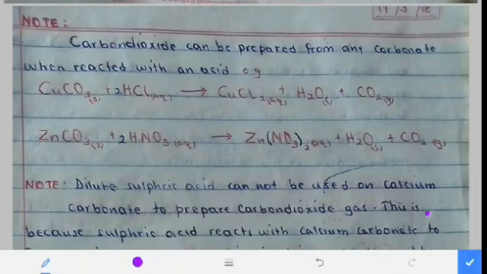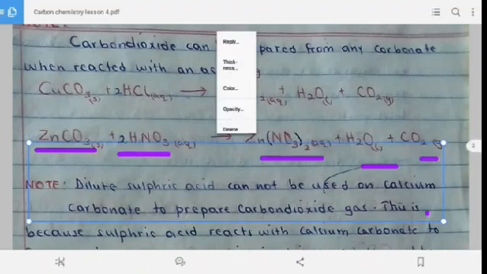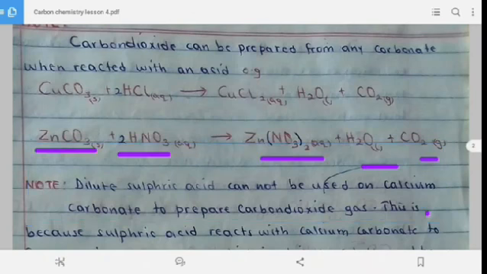That is one of how we can prepare carbon dioxide gas. The other is by getting zinc carbonate, because it is any carbonate plus any acid, nitric acid, forming zinc nitrate plus water plus carbon dioxide. There we have also prepared the carbon dioxide gas.